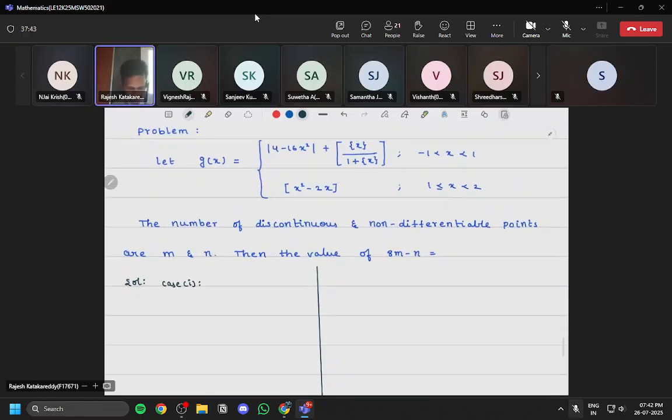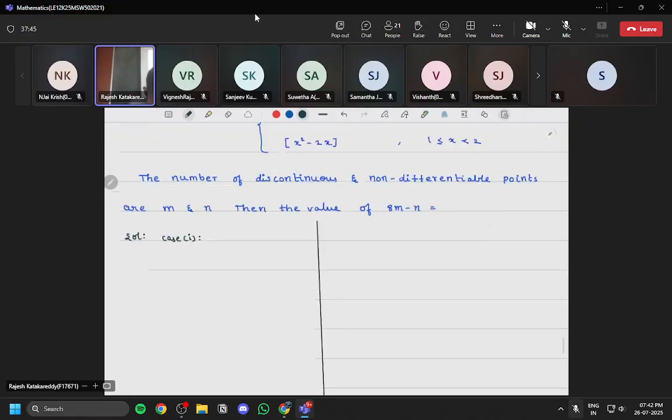Let us consider the case -1 < x < 1. Whatever the input, there is some integer. So the fractional part of x belongs to [0, 1), and 1 plus the fractional part of x belongs to [1, 2).